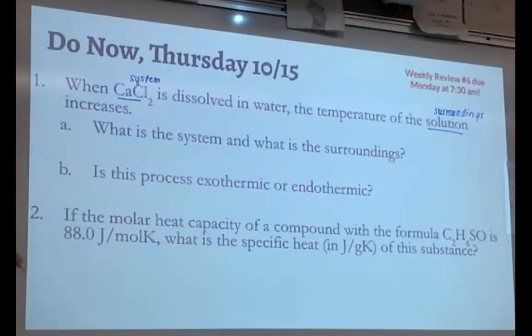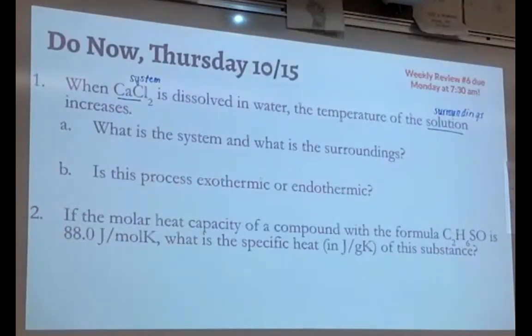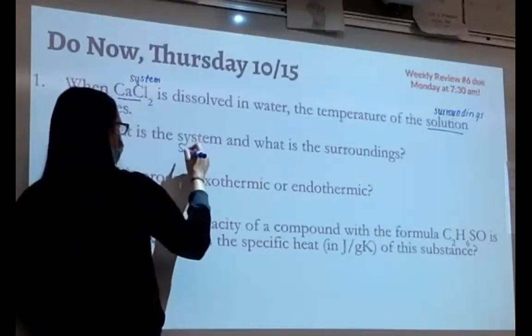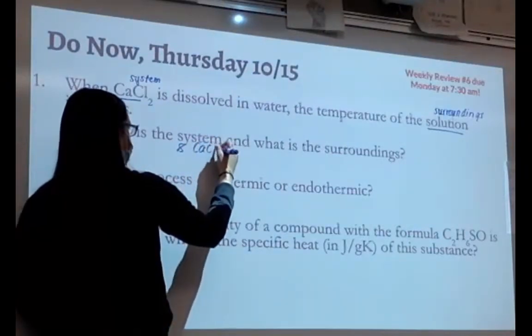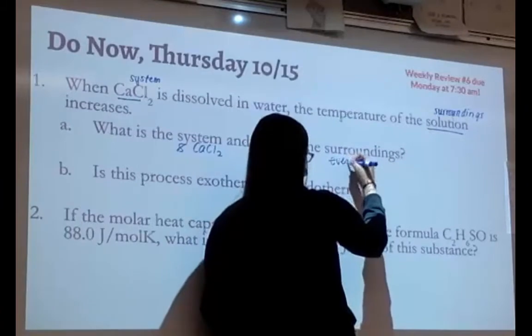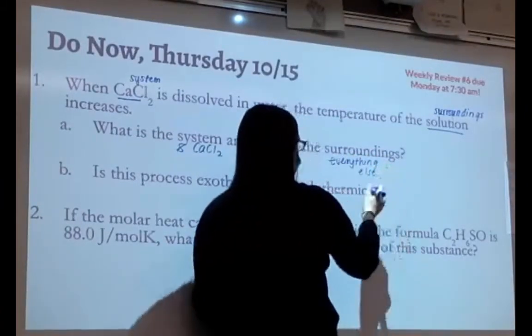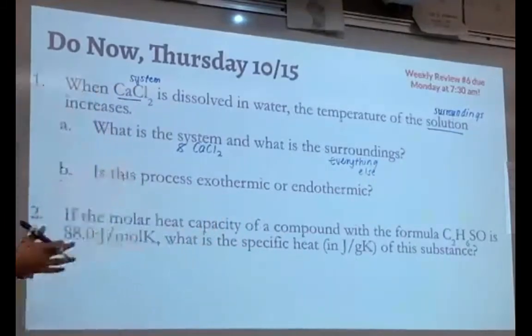So solution calorimetry, when it's asking about exo and endothermic, we have to think about things a little bit differently. Oh, I just answered part A. So system is CaCl2. Surroundings is literally everything else. So the surroundings would be the styrofoam cup, the solution, the thermometer, the cardboard lid.